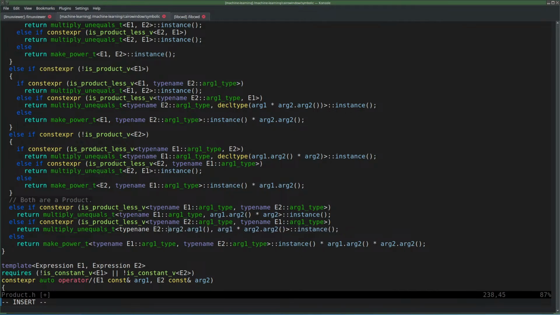Oops, let's not make mistakes. Arg1 type. And these are the products again, multiplication, so just again a decltype of that multiplication.